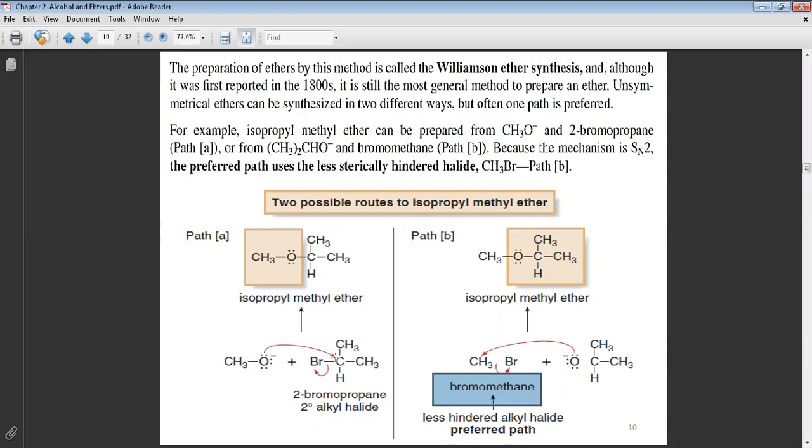A secondary alkyl halide, students, does it prefer SN1 or SN2? SN1.